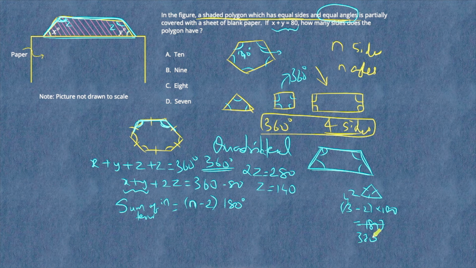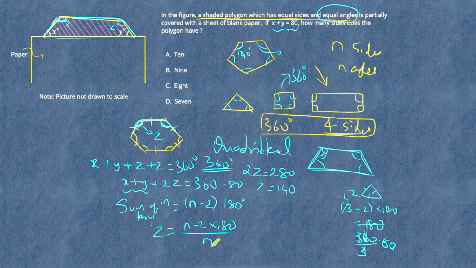If we know this total sum, how do you find each angle? You divide it by the number of sides. In this case, you divide 360 by 4 and get 90, or for a triangle, you divide 180 by 3 and get 60. So if I want to find one of the angles, which is z, that will equal n minus 2 times 180 divided by n.